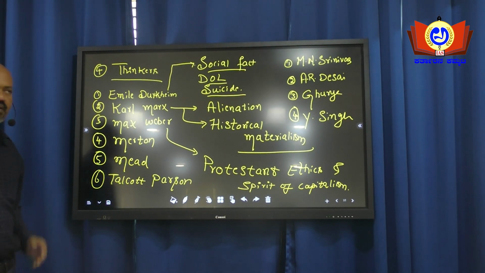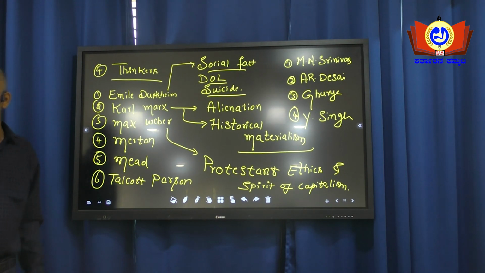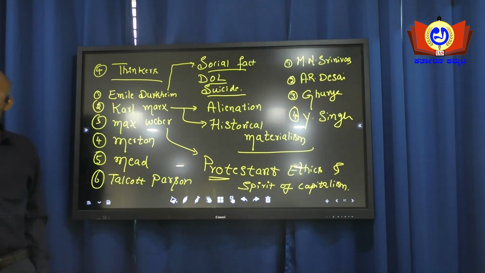Protestant ethics means, in Germany, you see, more successful capitalistic persons are there, no? They are Protestants. Do you know why? Do you know they have many groups within Christianity? Roman Catholics, Protestants. Protestant groups have one ethic within their culture.